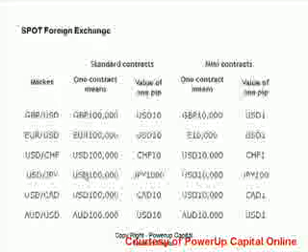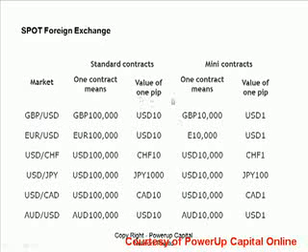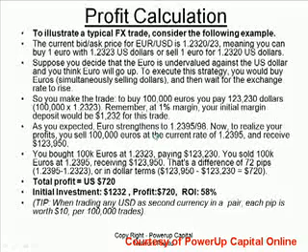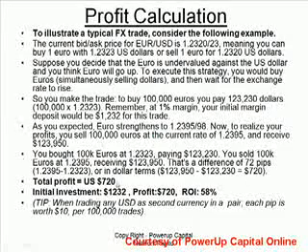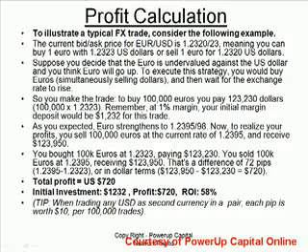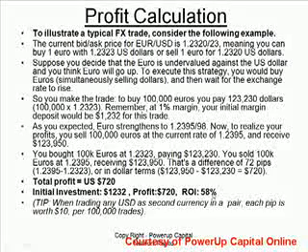Since we are doing a standard contract, the value of 1 pip for Euro US is $10. So if you make 72 pips profit, you're making $720, which is what we calculated here. So your profit is 720, your deposit is 1232, so 720 divided by 1232 is a 58% return.